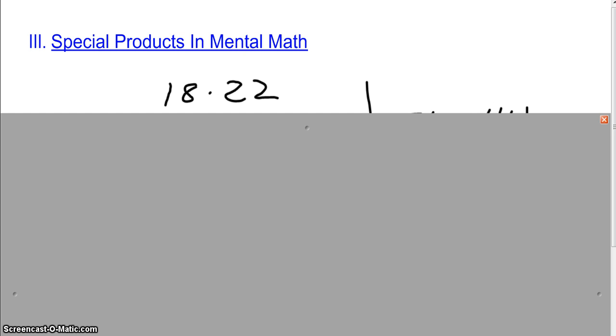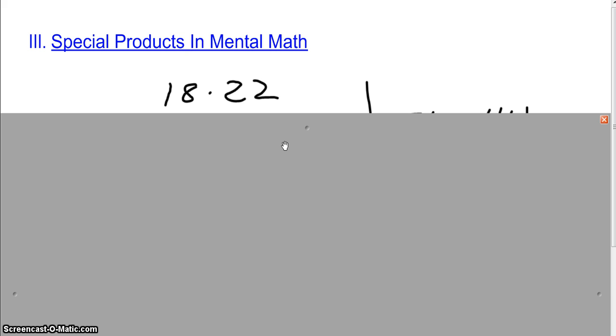Okay, so you might have seen a quick preview of this, but you can use what we just learned about the sum and difference pattern to do some special multiplication, special products using mental math. It's really cool. So when we look at 18 and 22, they are both equally far from which number? From 20.